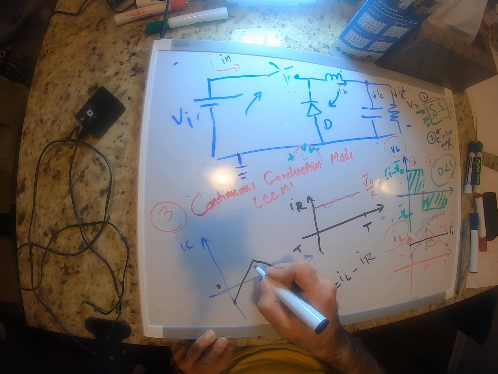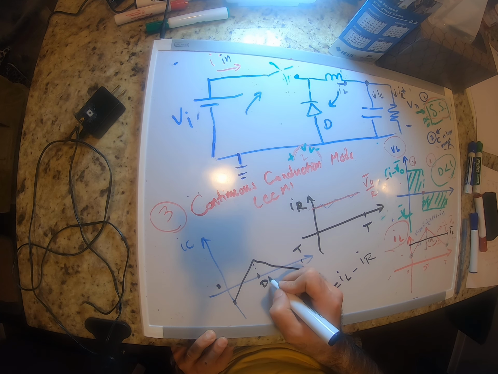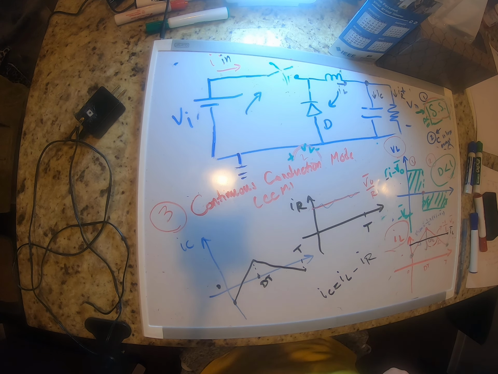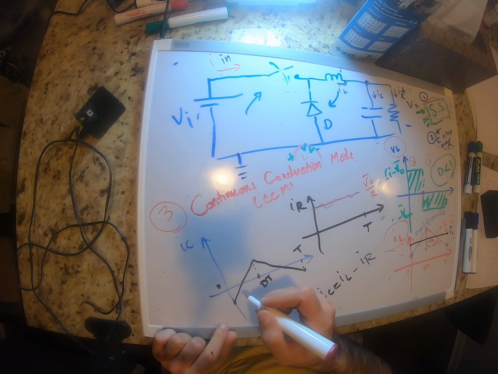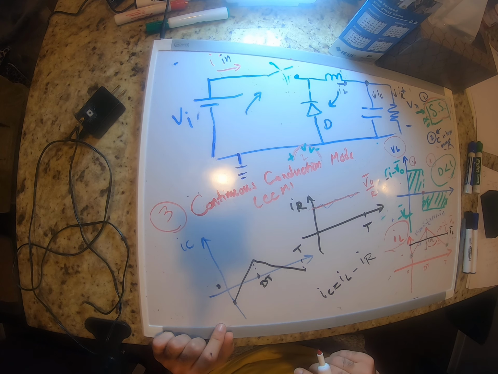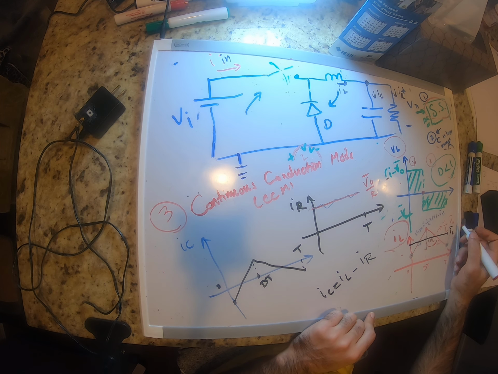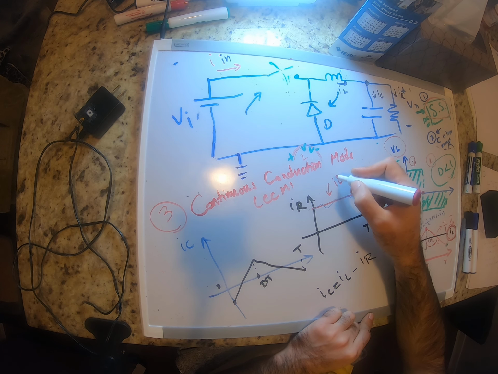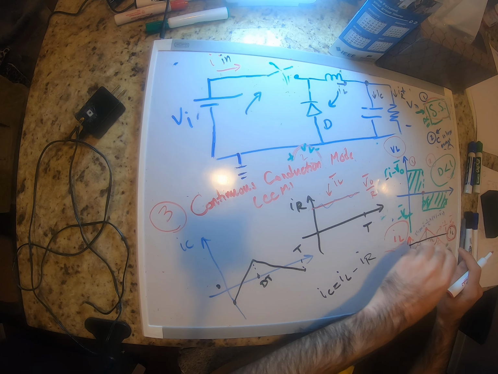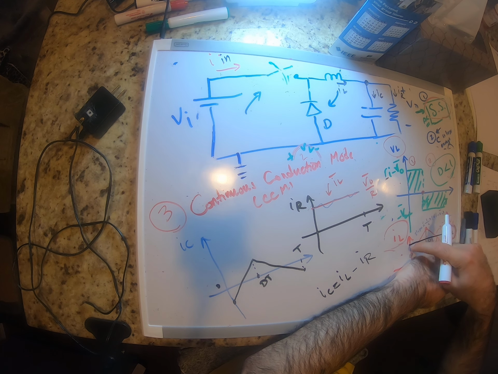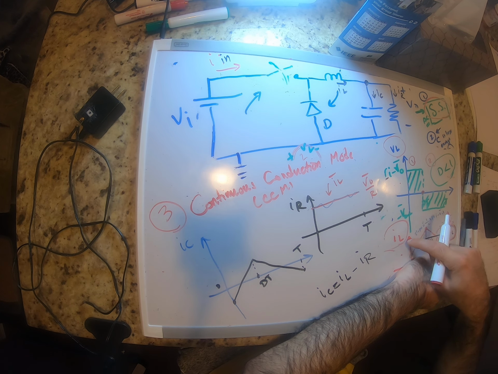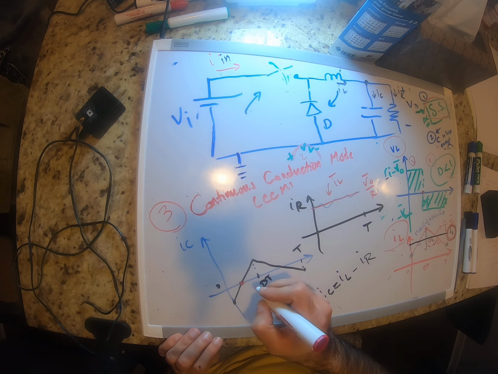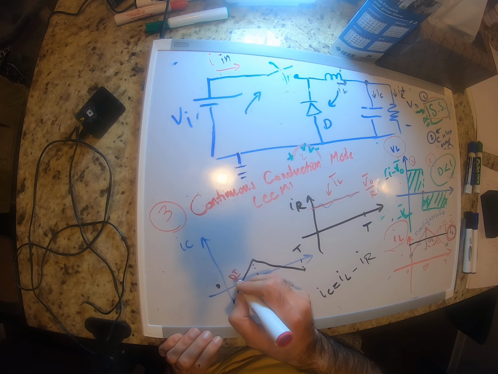This is 0. This is dt. Everything is proportional. And since IR is going to be exactly equal to the average of IL, and if you remember, for the triangle the average is always going to be at the half point, this point is basically dt over 2.